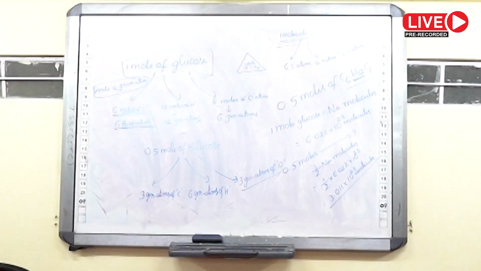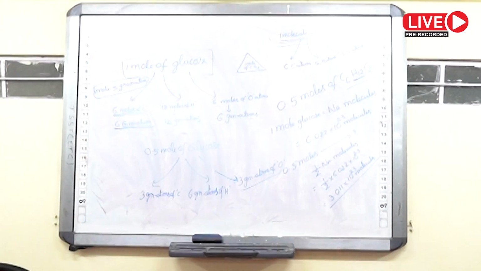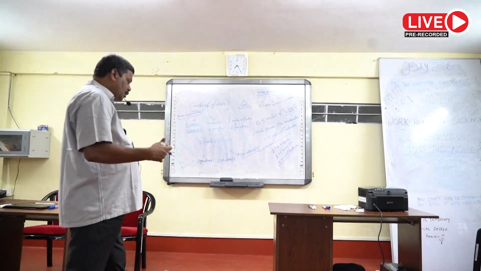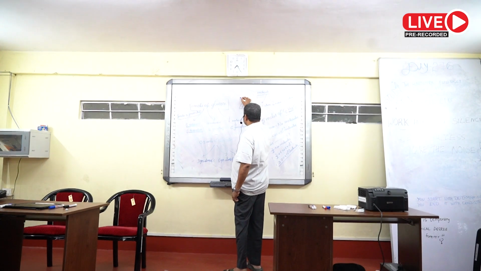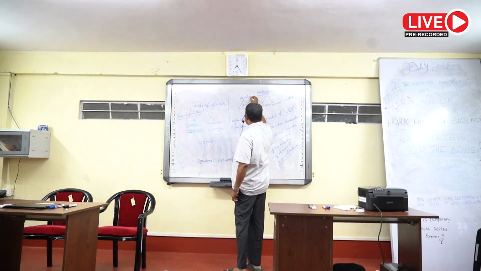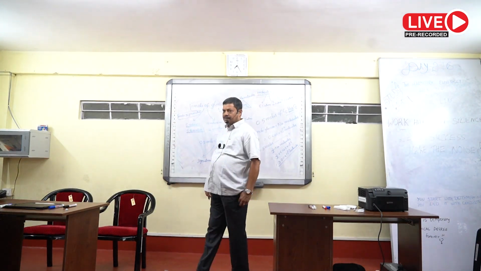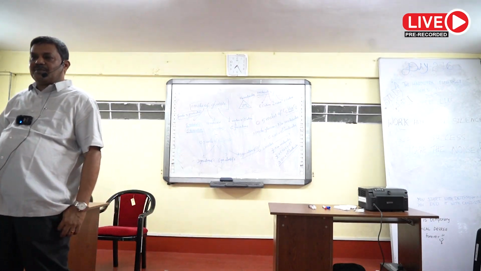At one corner, how many molecules can I write? Center is 1 mole methane. 1 mole contains how many molecules? Avogadro number of molecules. So at one corner I can write Na molecules, because 1 mole is always equal to Na molecules.